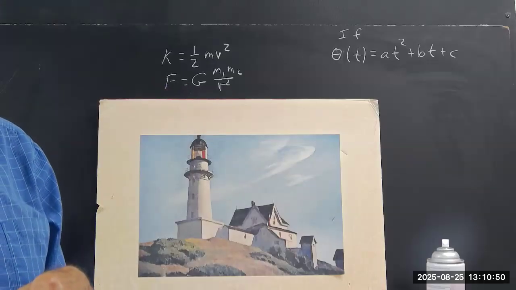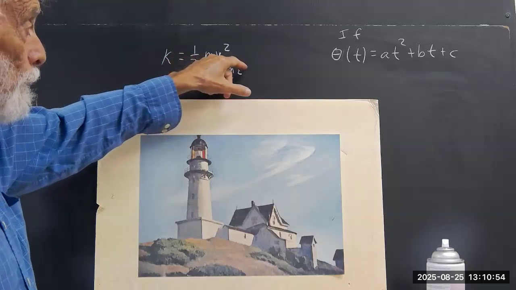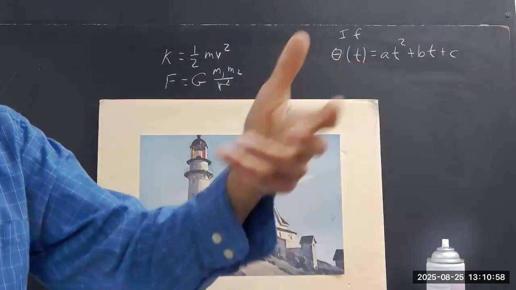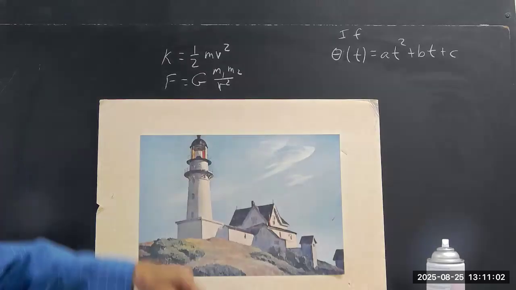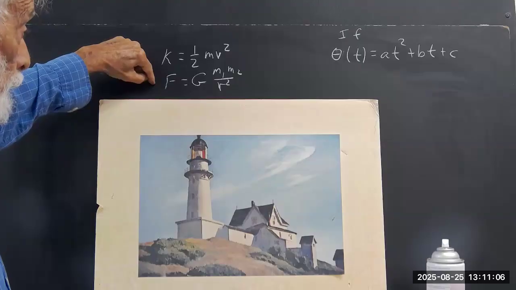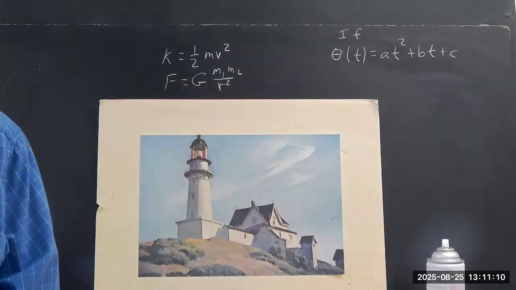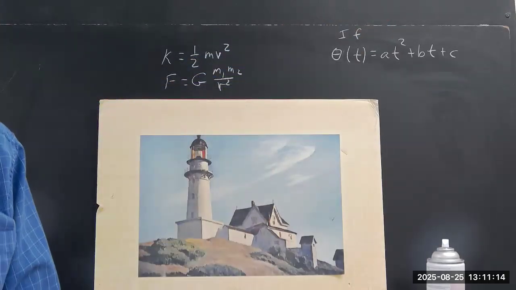Okay. Now, you've got two masses. What are the units of the masses? It's kilograms and kilograms. That gives you kilograms squared. So you've got kilograms squared up here. If you want to get newtons over here, this G had better have a kilogram squared in the denominator to divide out the kilogram squared in the numerator.